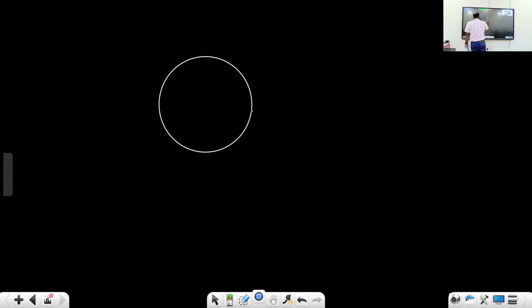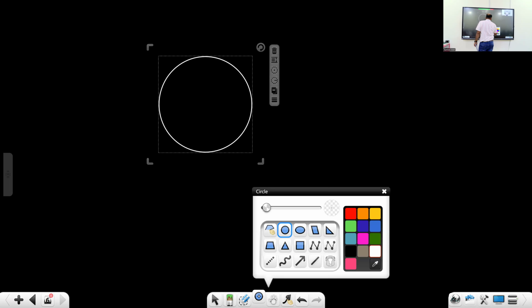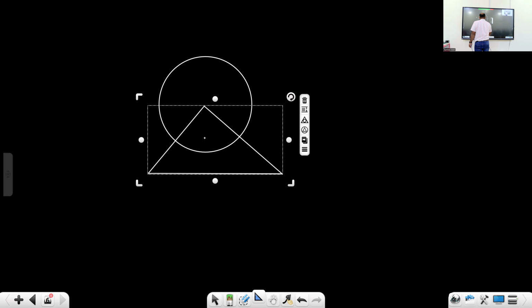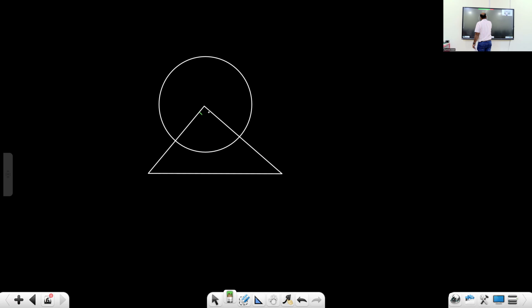There is a circle and a right angled triangle.